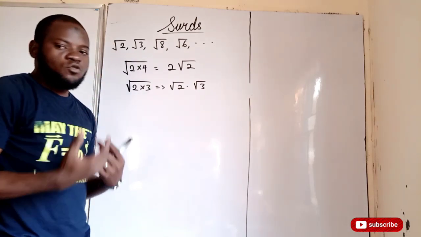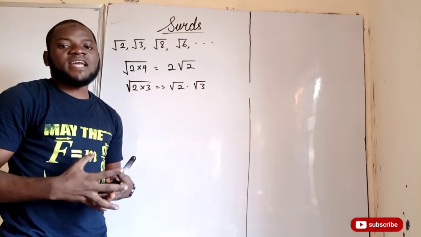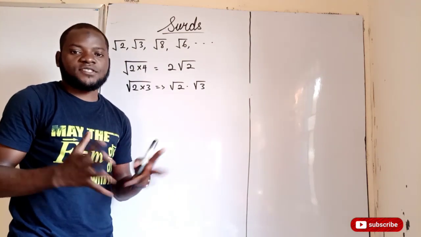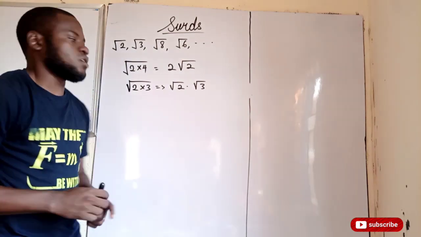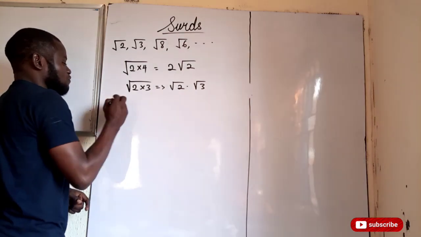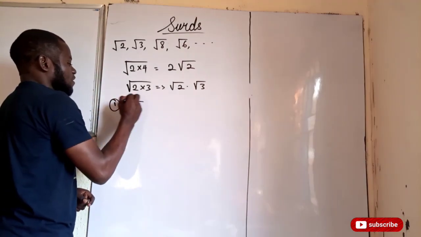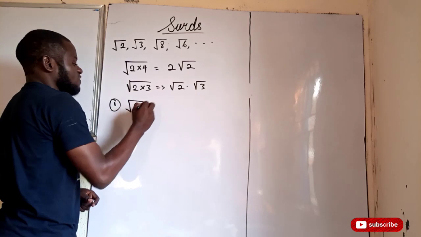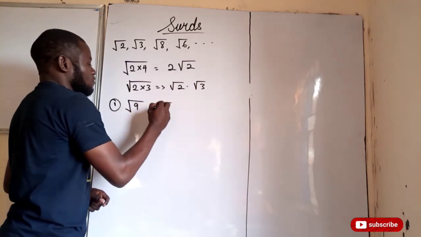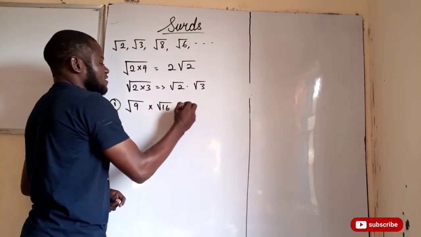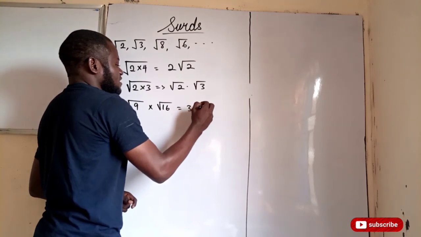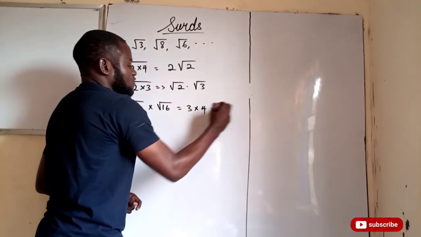Now, there are rules that bind carrying out an operation under surds. And what are those rules? I have my first rule to be, if I have, for instance, the square root of 9 times the square root of 16. This is just the same thing as saying 3 times 4, and my result is going to be 12.